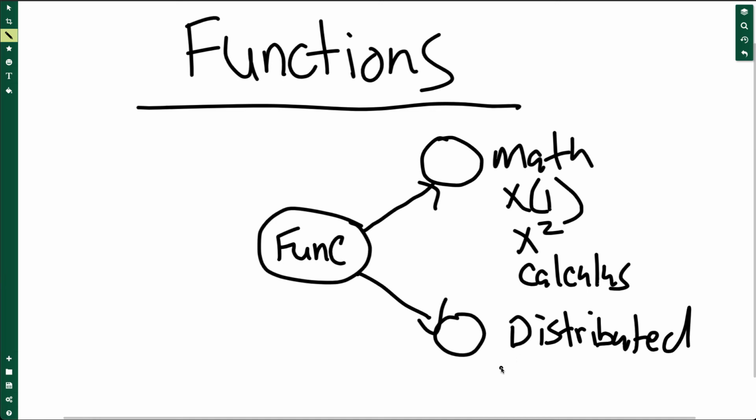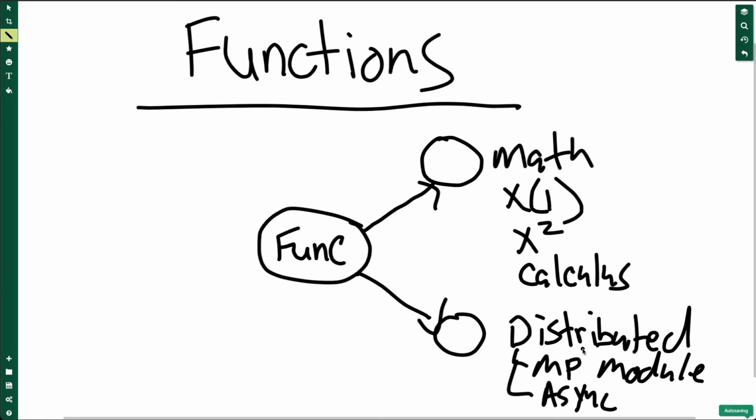So we can put a tab here that says the multiprocessing module is one place you can use it. Also, in terms of async code as well. So if you're going to do network-based concurrency, that's a great place to use a function.